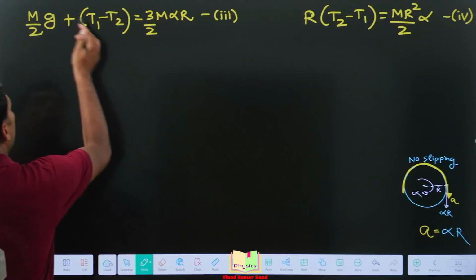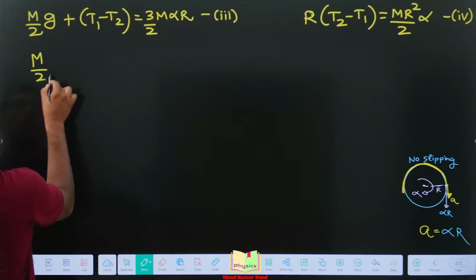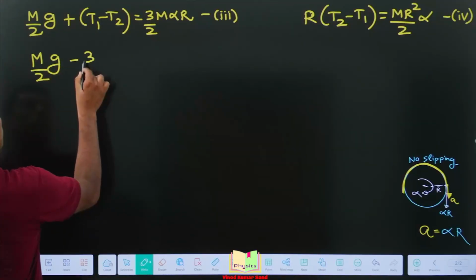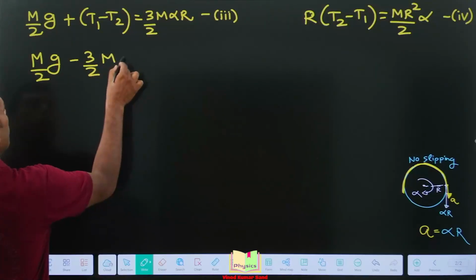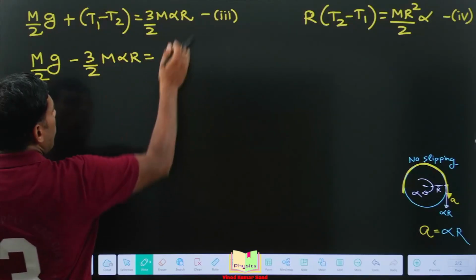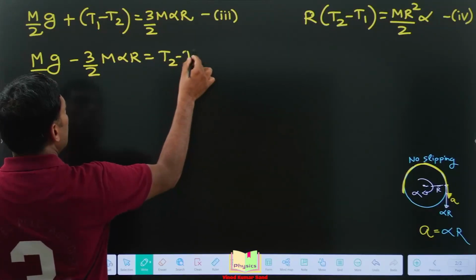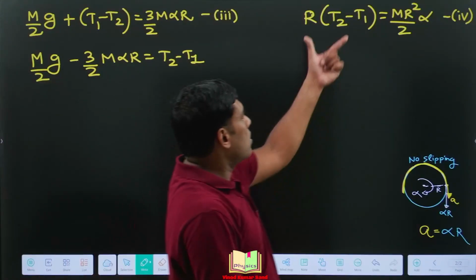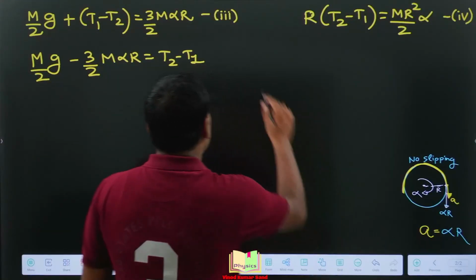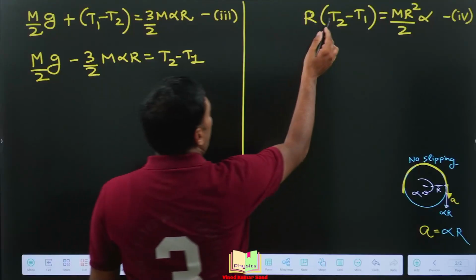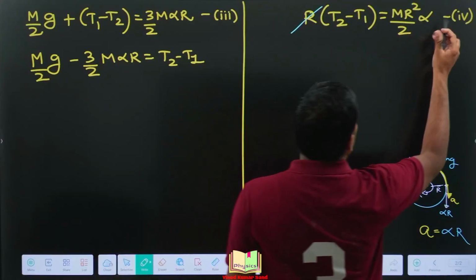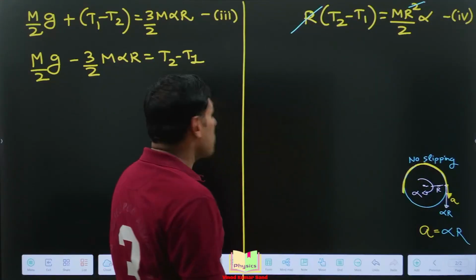From here, I can write (m/2)g minus (3/2)m alpha r is equal to T2 minus T1, because here we require that T2 minus T1. Now this r and this r are getting cancelled out.